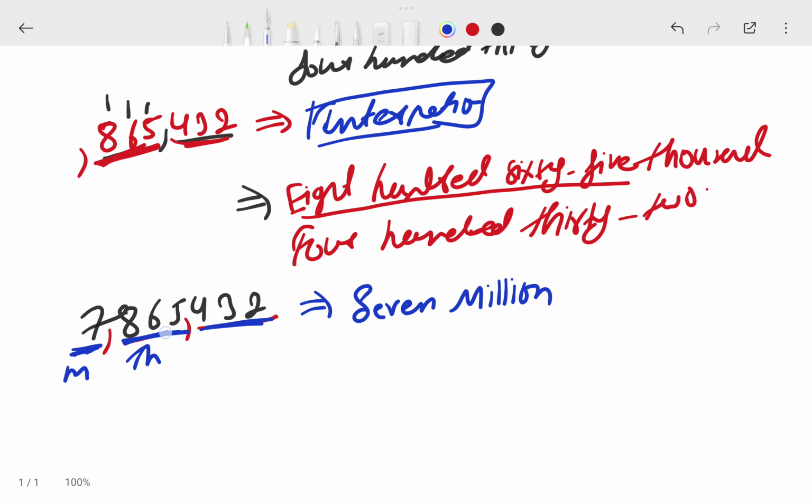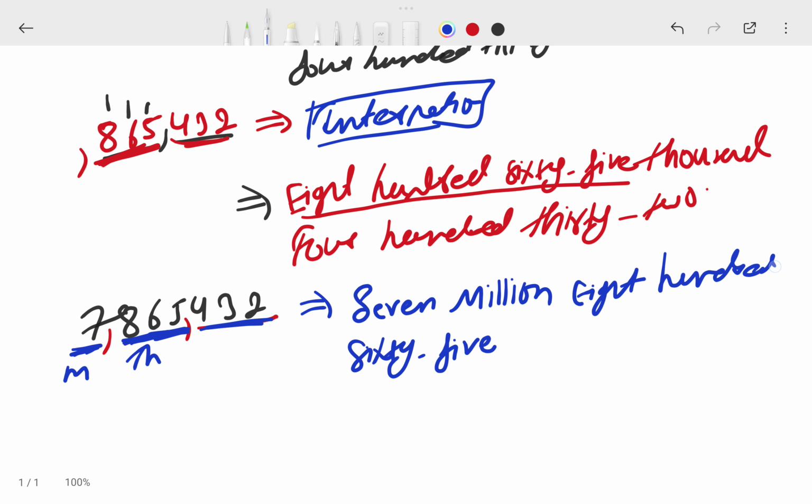Now this is how you will write. Simple. We will first write 865, like that. Sorry, I'm really sorry for that, not 8,000: 865, you have written 865.